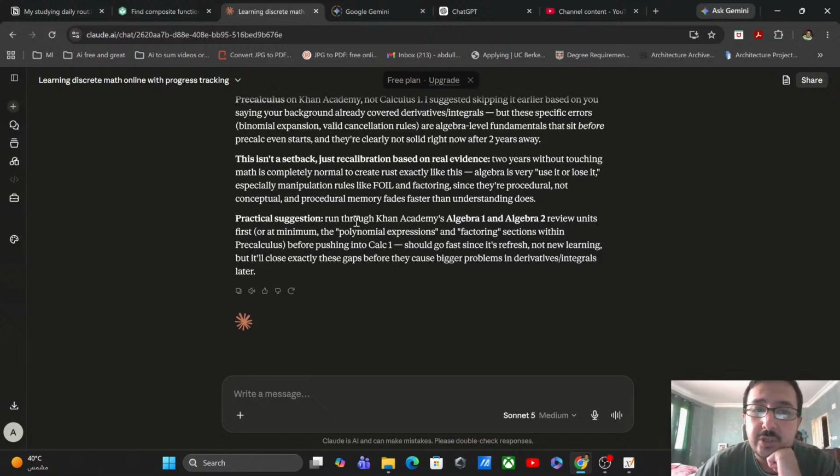Practical suggestion: run through algebra first, or at minimum the polynomial expressions and factoring sections within precalculus before pushing into calc. It should go fast since it's refresh, not new learning, but it'll close exactly these gaps before they cause bigger problems.